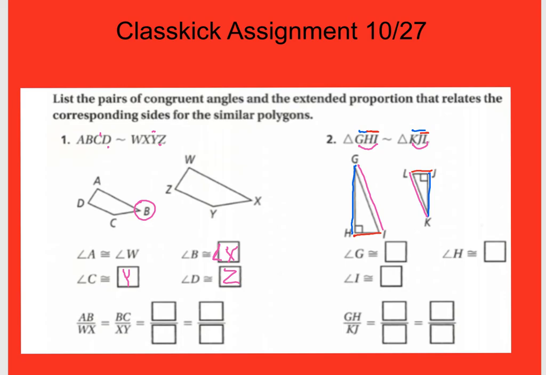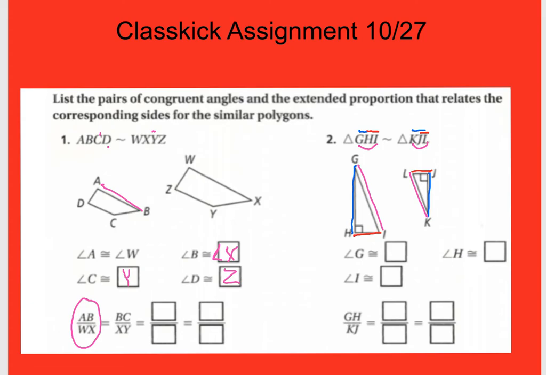Now down here, I don't want you to get confused because I got confused at one time. Looking at AB, I'm going, okay, according to this, AB equals BC. And you can clearly see they do not equal. But that's not what this is saying. You have to look at this just like a fraction.